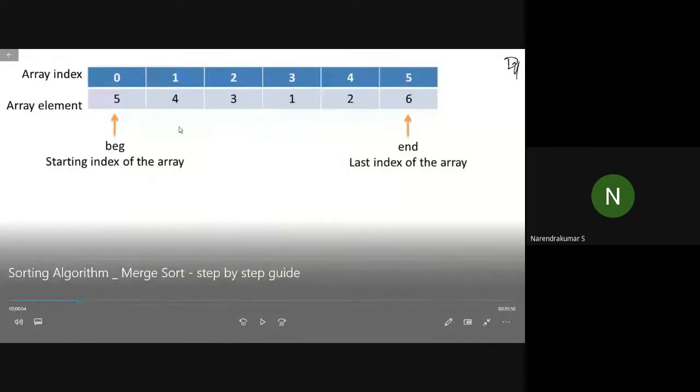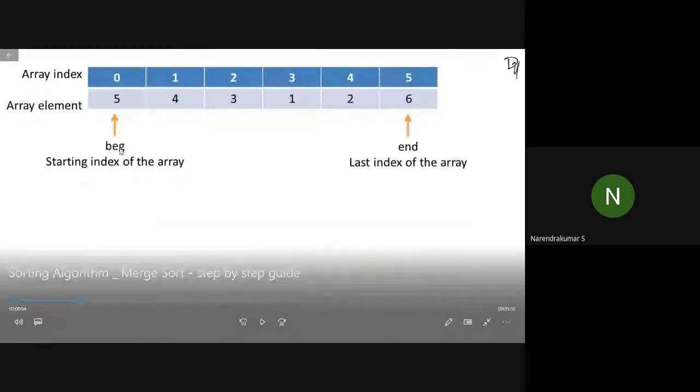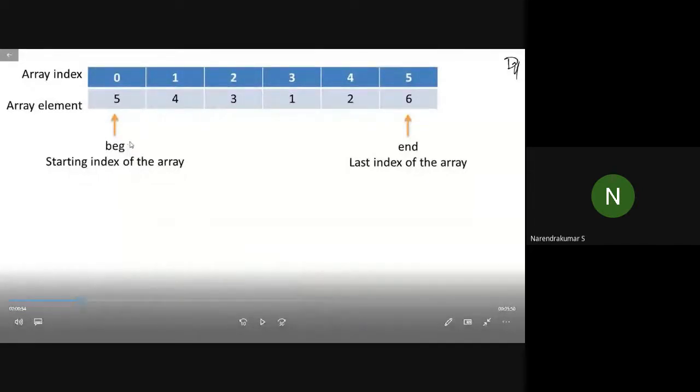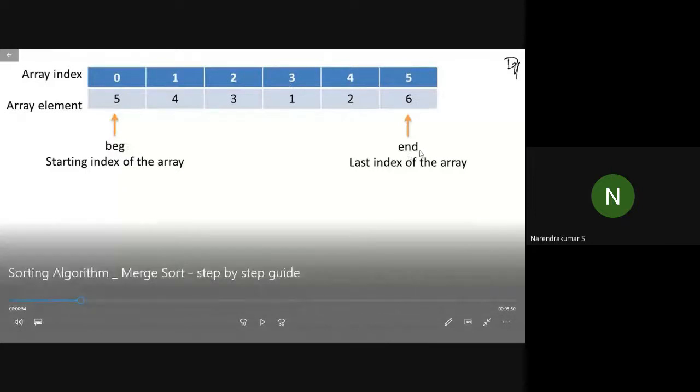We have BEG as the starting element index, which we can take as low, and END as the end index of the array, which we can take as high. So low is the starting index and high is the last index. Now observe carefully.